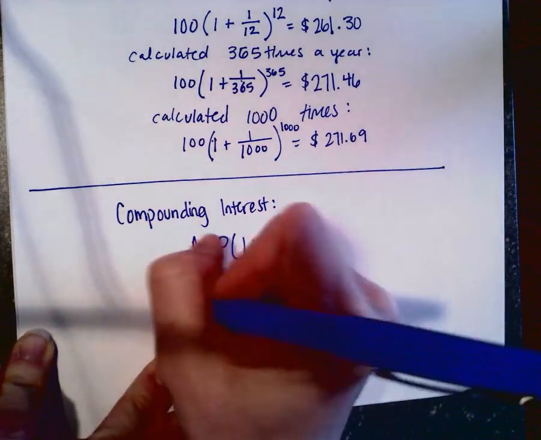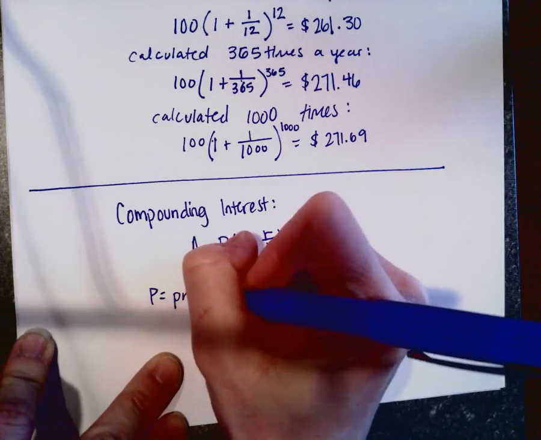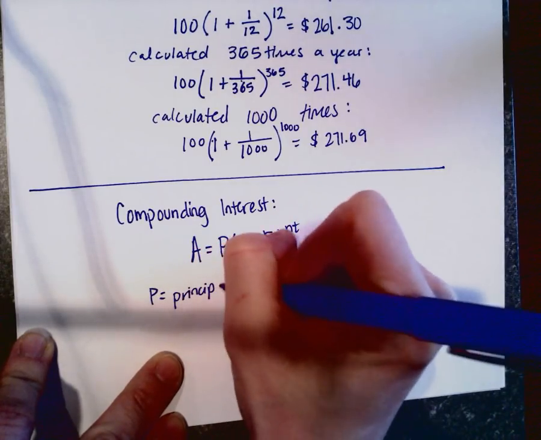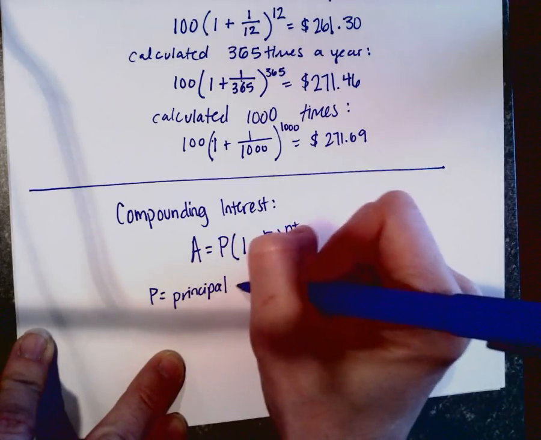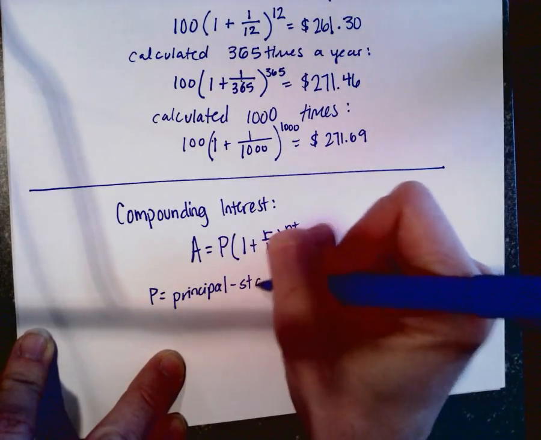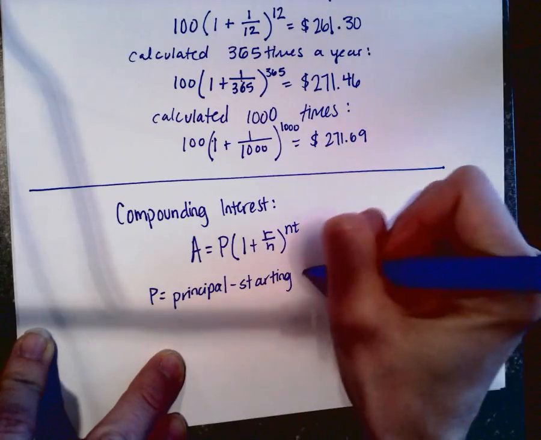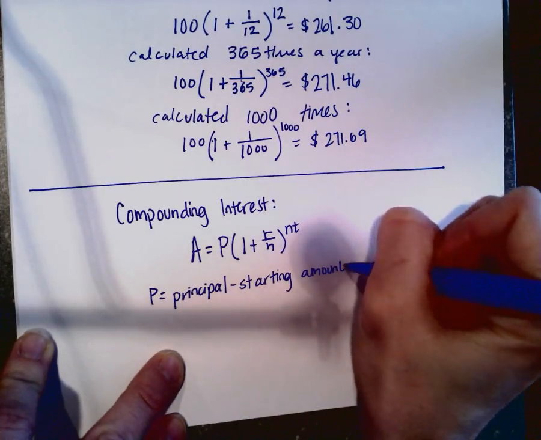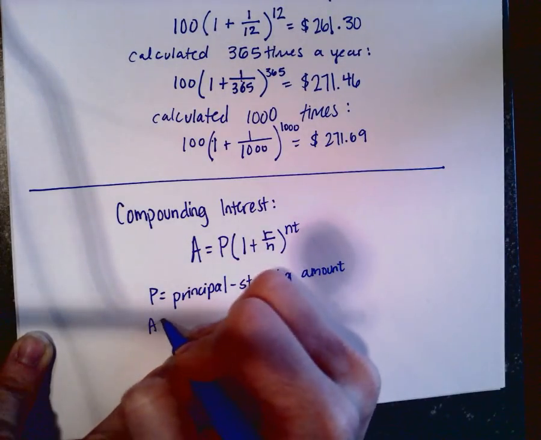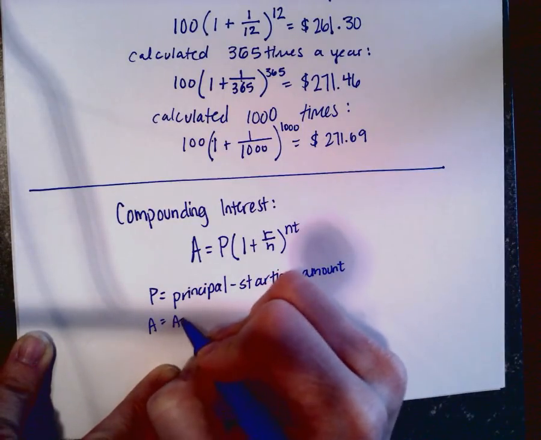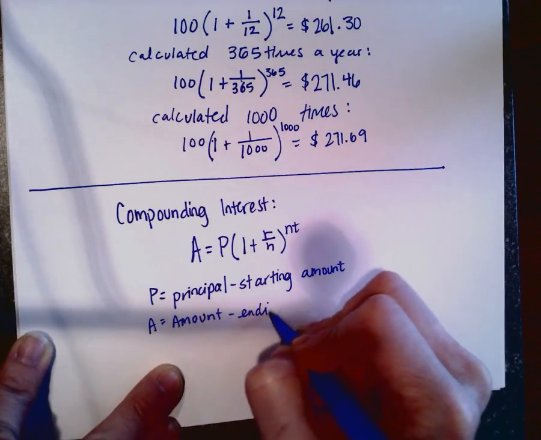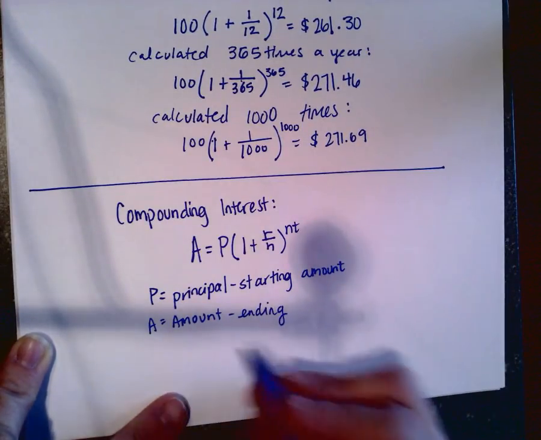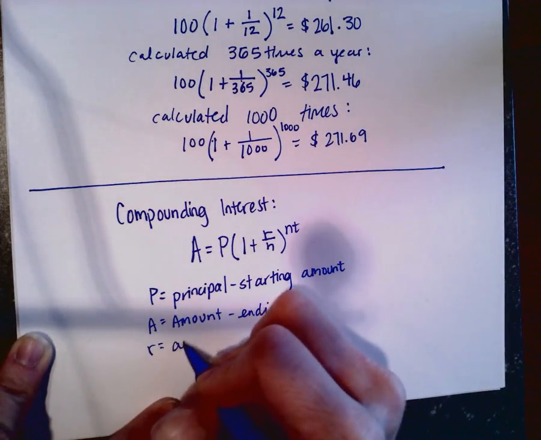So P equals your principal, which is your starting amount. A stands for amount, and that's the amount you end with. So after the interest has been calculated, that's the A. R is your annual interest rate.